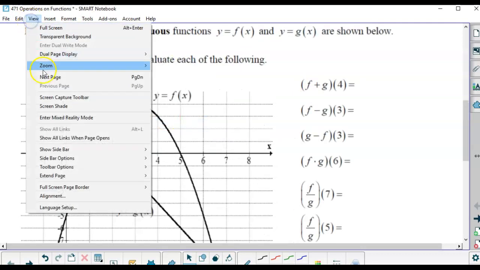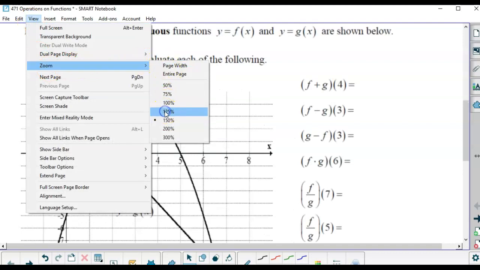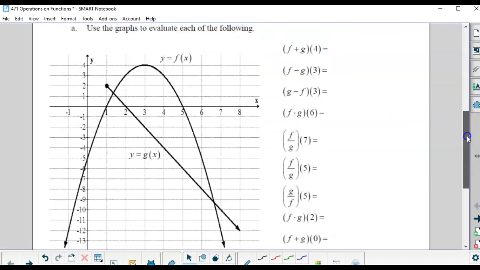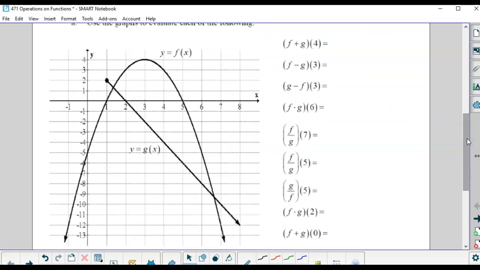Okay, so f plus g of 4 really means f of 4 plus g of 4. But I'm not expecting you to write that out, okay?